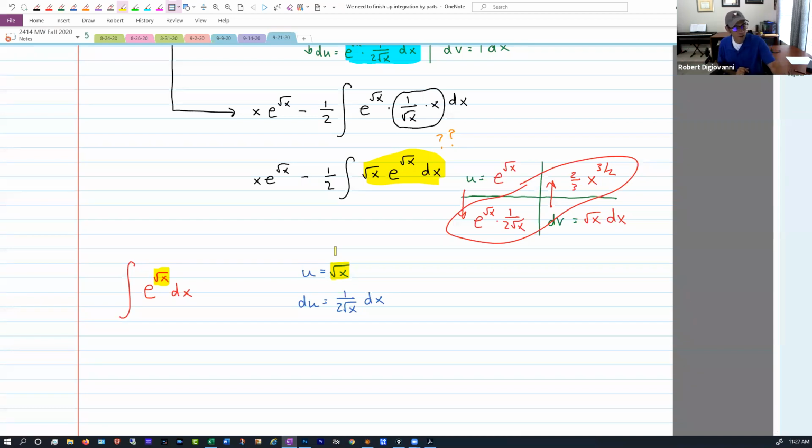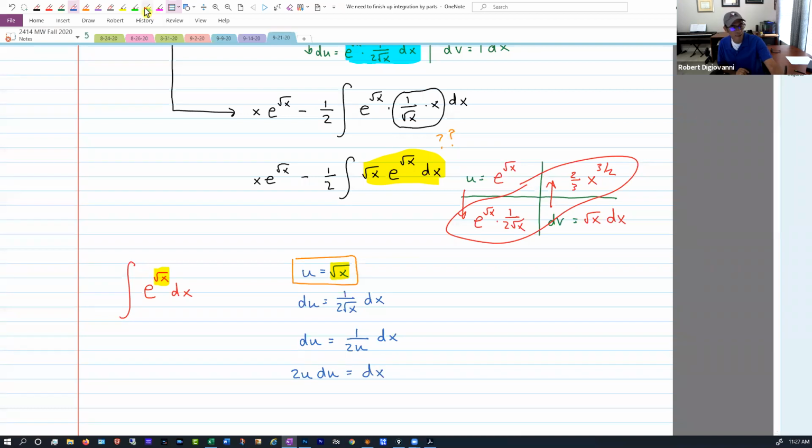However, what is the square root of x? The square root of x is u. Yes? So couldn't I rewrite this as du equals 1 over 2u dx? Just replace the root x with u. And now what I'm going to do is just multiply both sides by 2u.